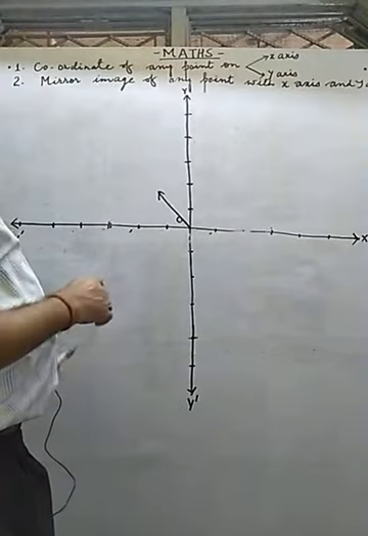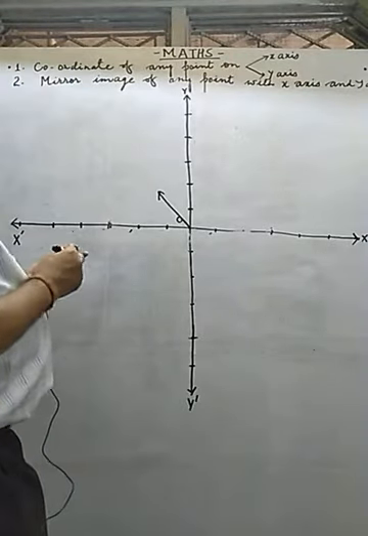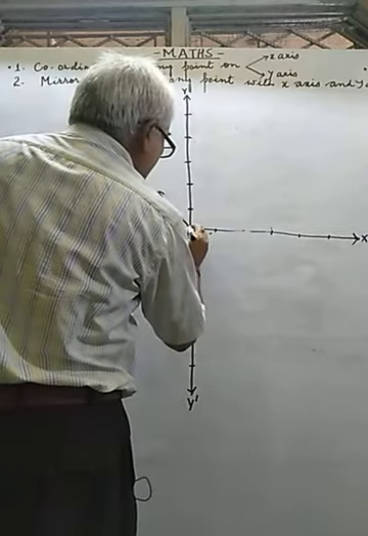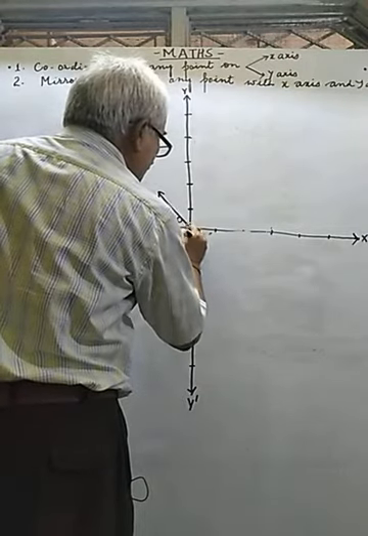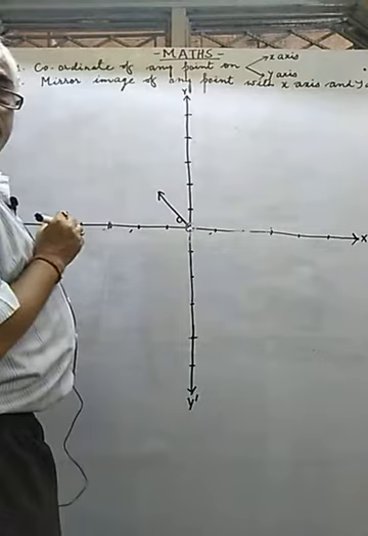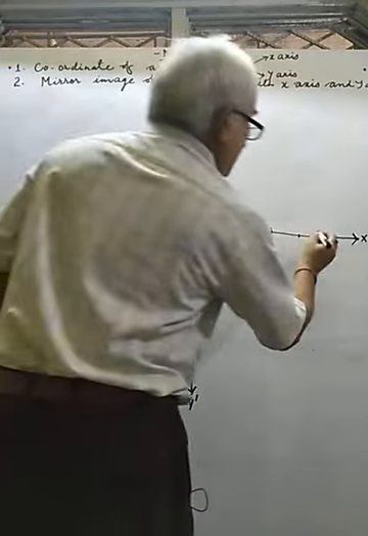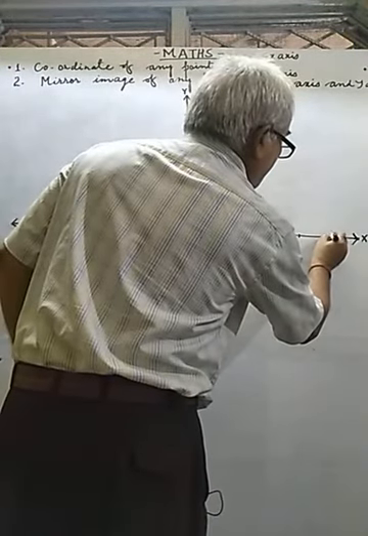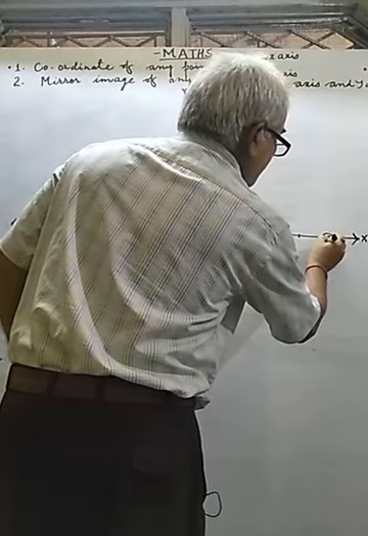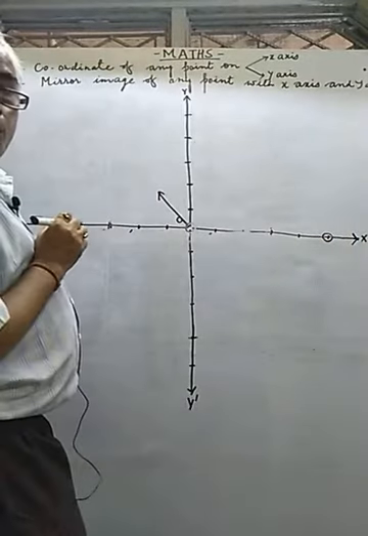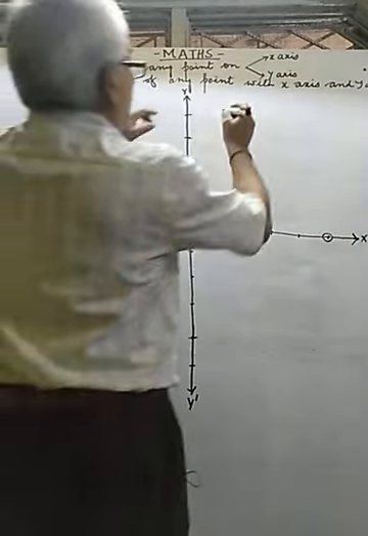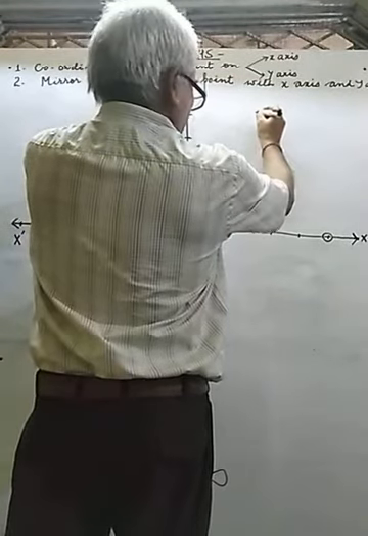Now see, you may observe here, suppose a point is taken here, 2 points, and the third point is being taken here.